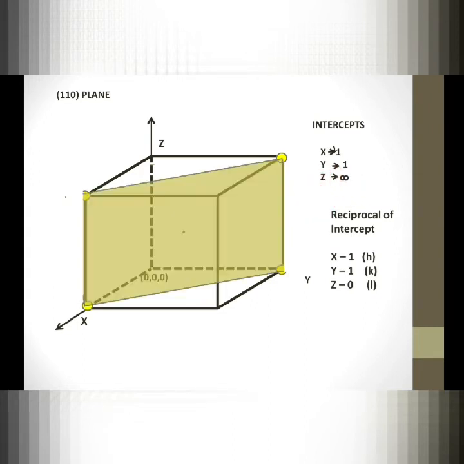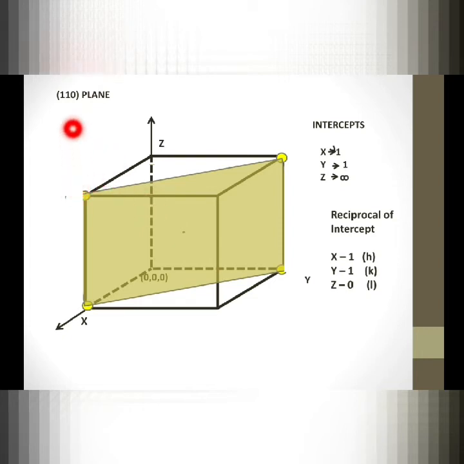The reciprocal of 1 is 1, so h is equal to 1, k is equal to 1, and the reciprocal of infinity is 0, hence l is equal to 0. Hence this plane is the 1 1 0 plane, and this plane is parallel to the z axis.